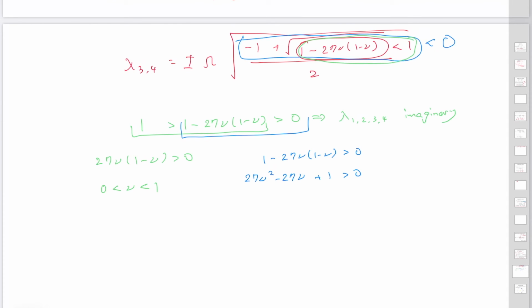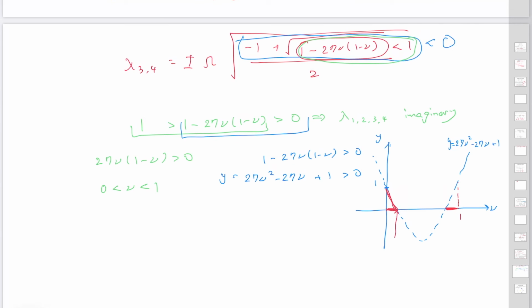So if you draw the curve, y as a function of nu, this is y equal 27 nu squared minus 27 nu plus 1. So this point is 1. This curve has to be positive. And also this is 1. This range of nu is a positive quantity.